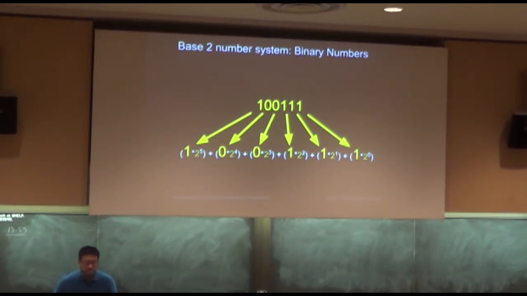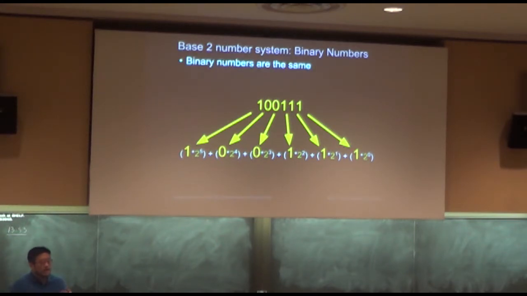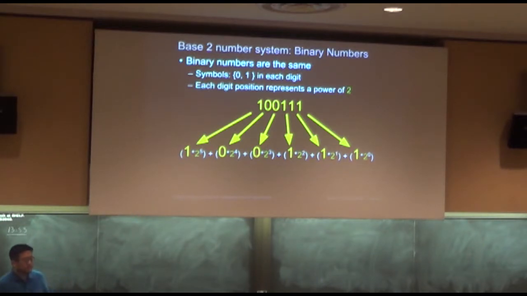And when I have a base 2 number system, that number system works exactly the same way as my base 10 number system, but it works with a different set of symbols. So we know that binary numbers have 2 symbols, zeros and ones, and that each digit position in the number that I have here represents a power of 2.